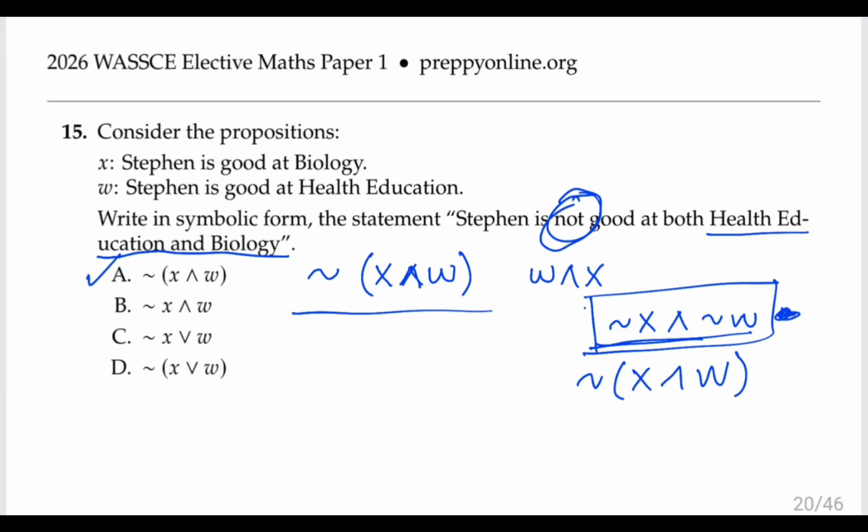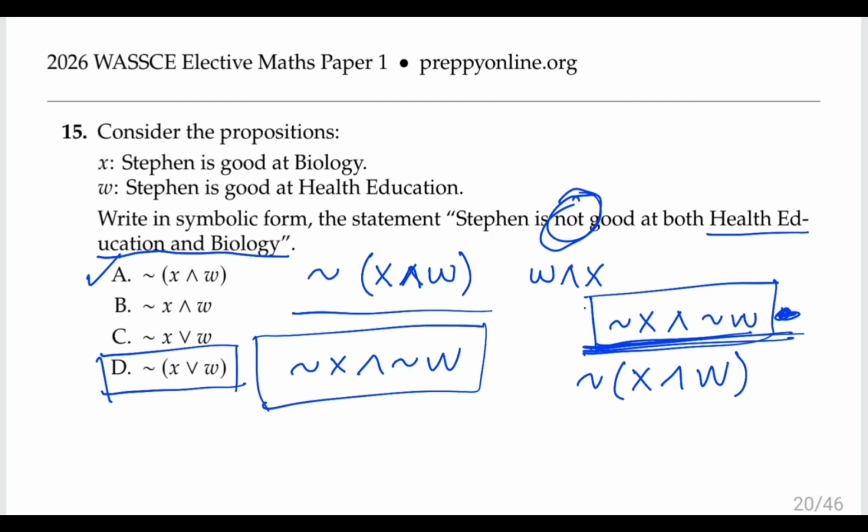Fortunately for such people, we don't have this option directly, even though you could interpret this option D as that, because by applying De Morgan's law to it, you're going to get something like that.